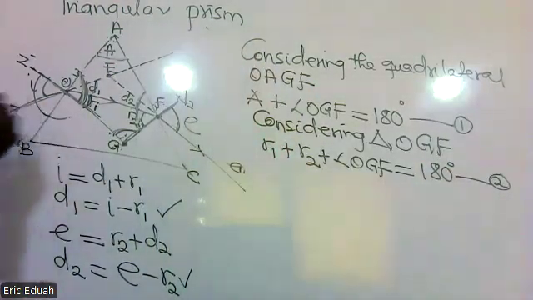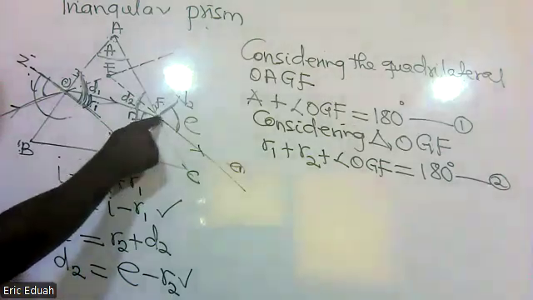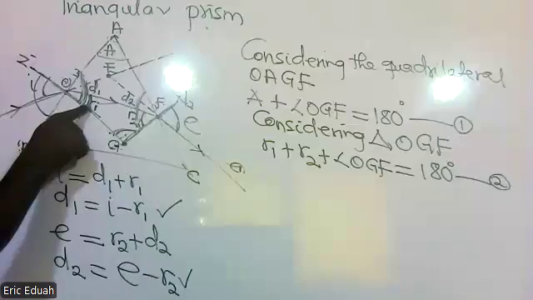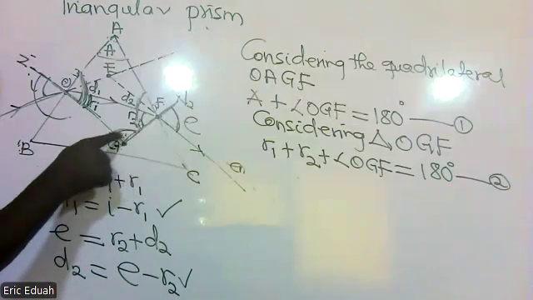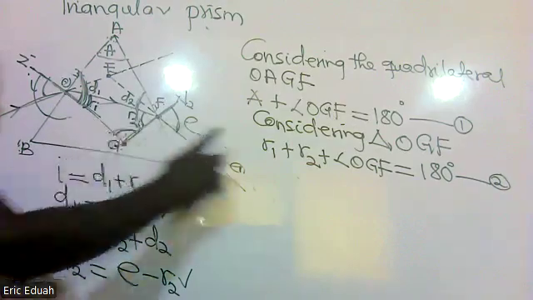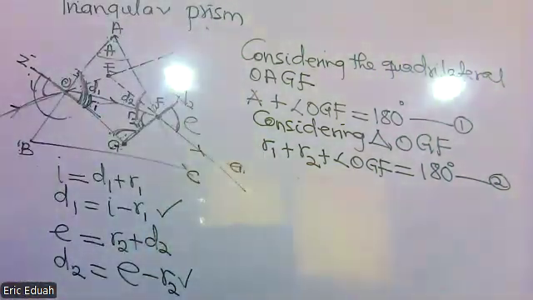Our reason is that OJF is a triangle, and the interior angles are R1, R2, and this. So if you are summing all the interior angles, then it must also be equal to this.